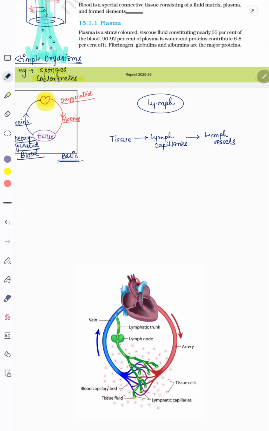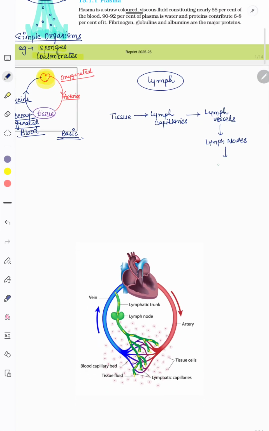From lymph vessels, it goes to lymph nodes. From lymph nodes, it goes to lymphatic trunk. From lymphatic trunk to lymphatic duct. From this lymphatic duct, it goes to subclavian vein.